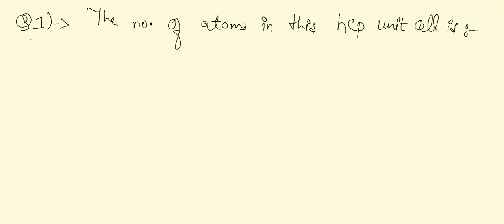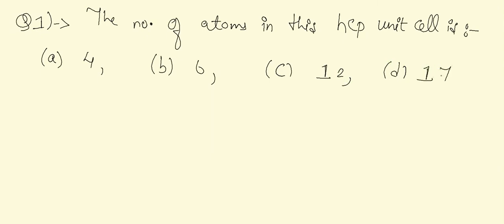You have to find out the number of atoms in the hexagonal close packing. Options are given: A 4, B 6, C 12, D 17. How many atoms are present here in this unit cell?